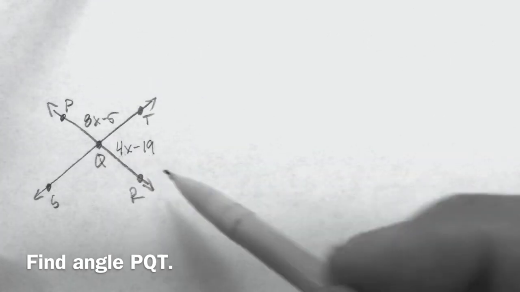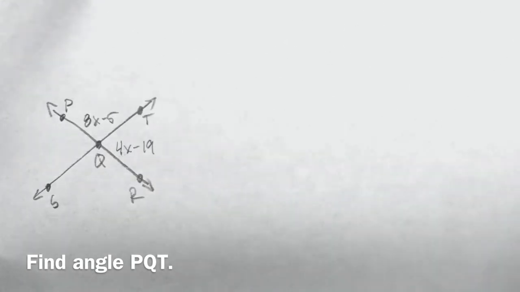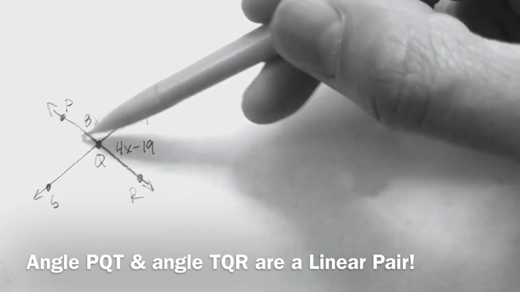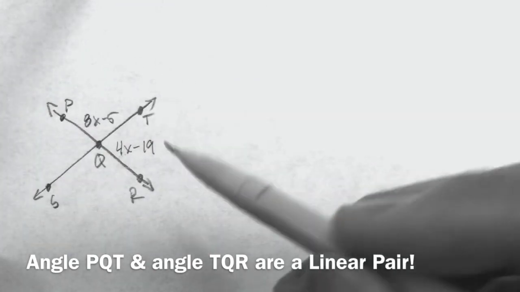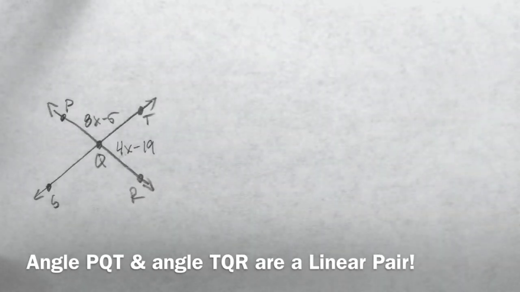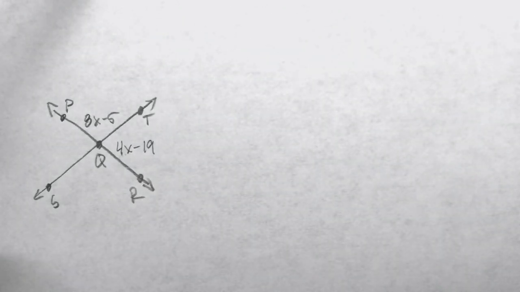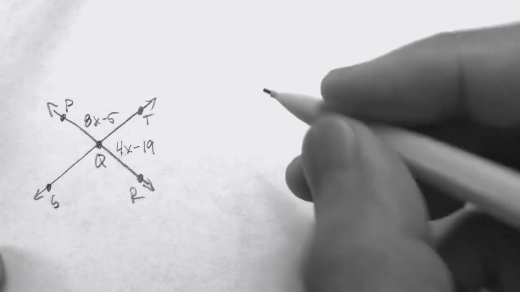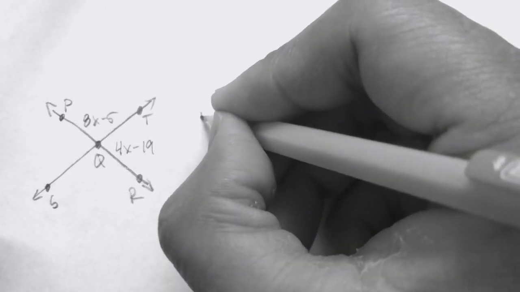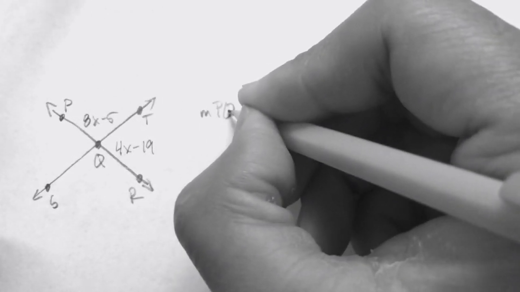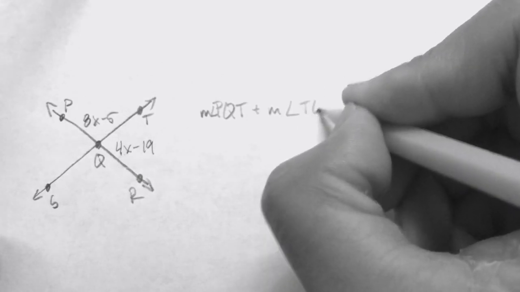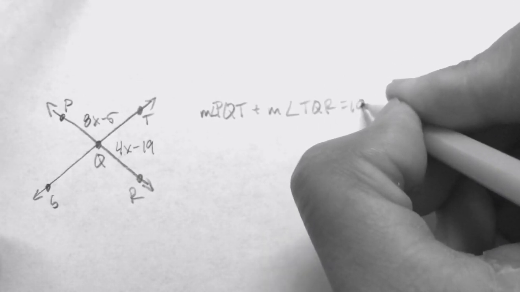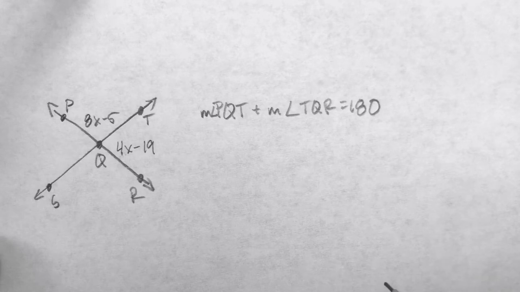notice that we are going to have to set up some sort of equation. PQT and QTR are a linear pair, so they have to add up to 180 degrees. So the measure of angle PQT plus the measure of angle TQR equals 180.